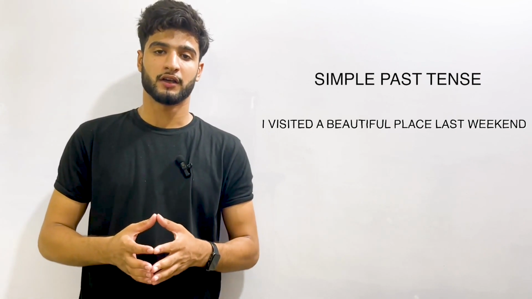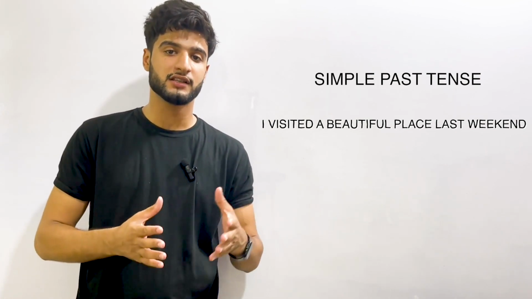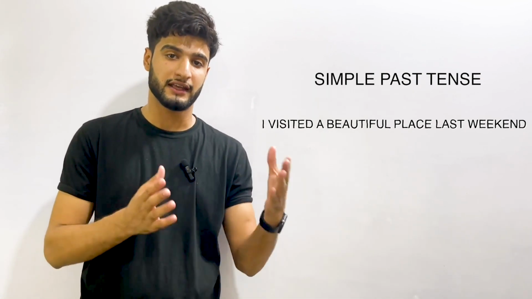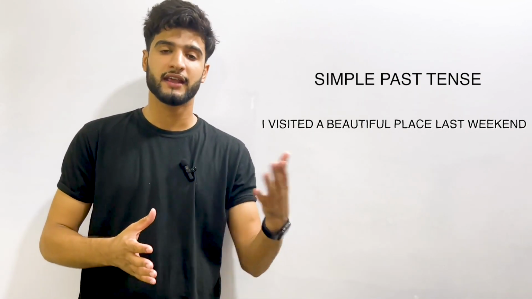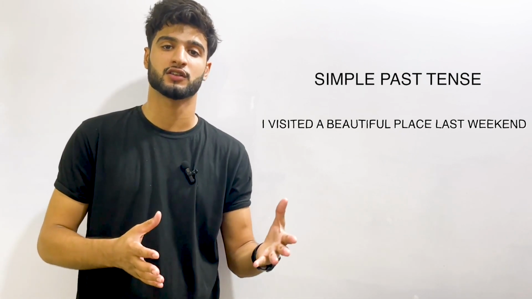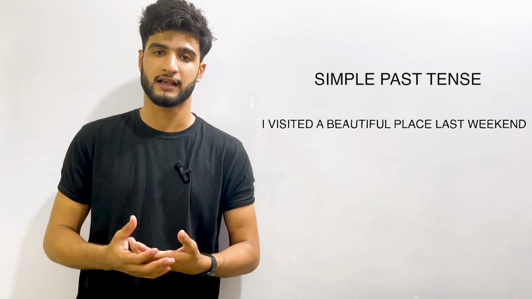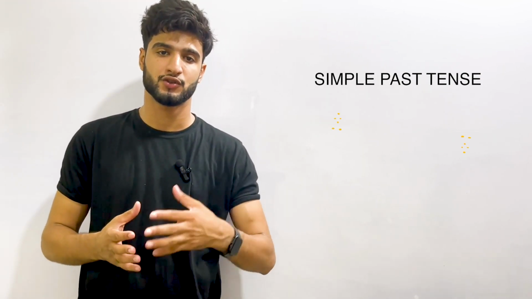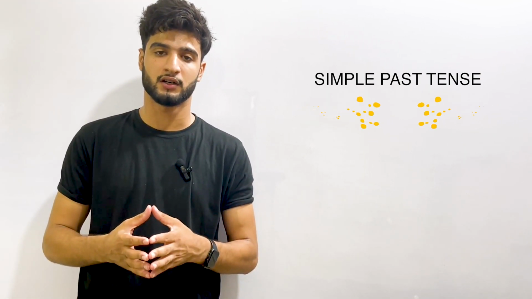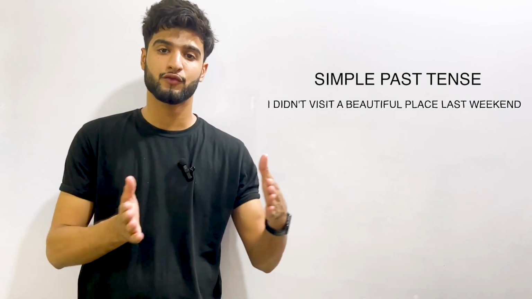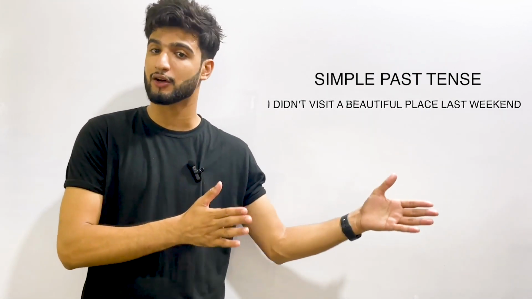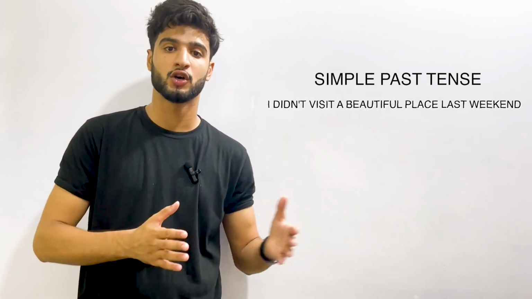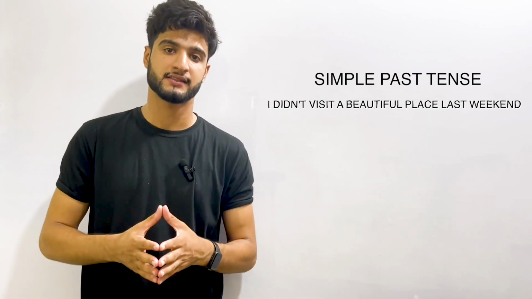Now, keeping in mind that the positive structure always talks about an action that has happened, where the negative structure talks about an action that has not happened. For example, let's convert the same example into negative: I did not visit a beautiful place last weekend.